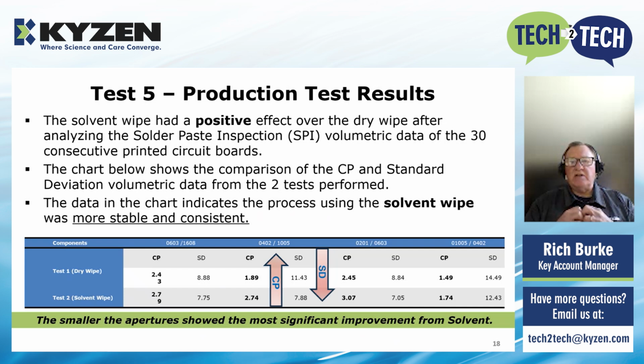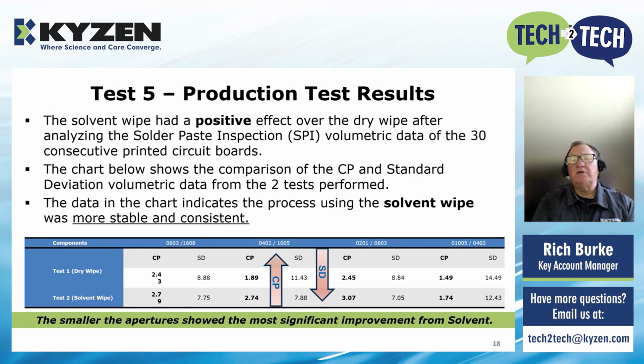So we see CP increasing and standard deviation decreasing as we go from a dry wipe to a wet wipe process. We can see we're using capacitors as the components. We can see this is the dry wipe process and the wet wipe process. And we see CP increasing in the wet wipe process, and standard deviation is decreasing.